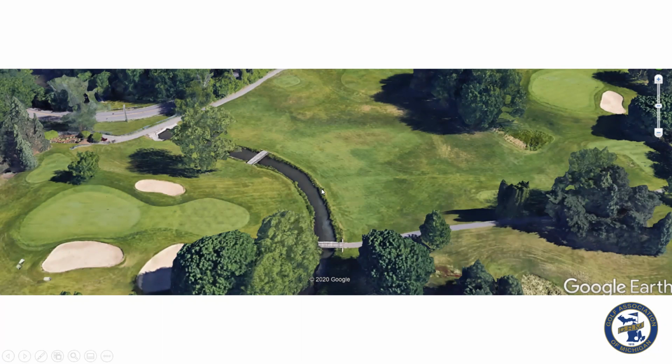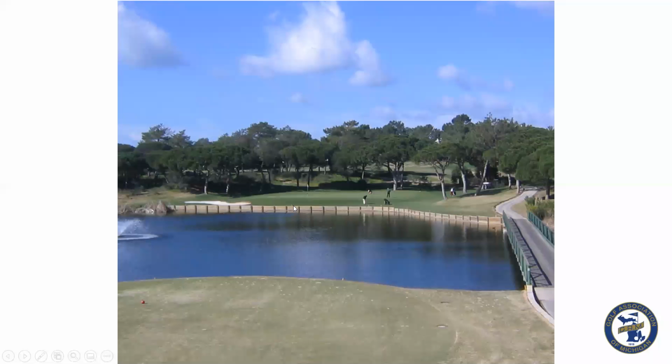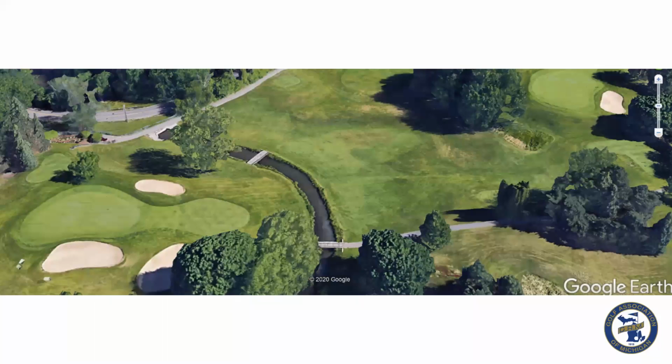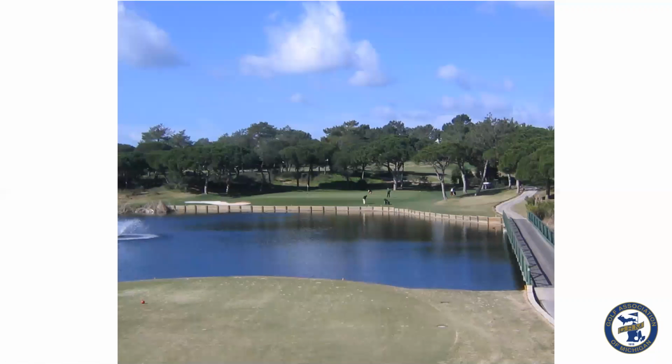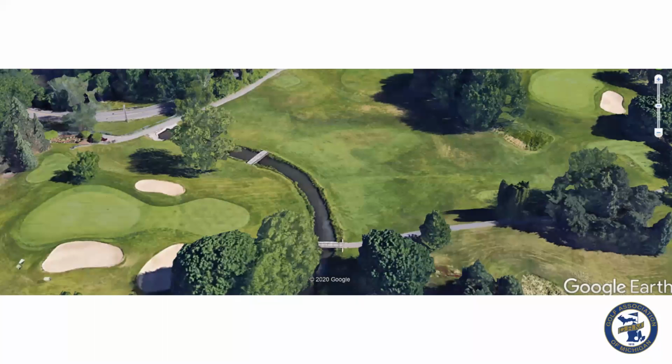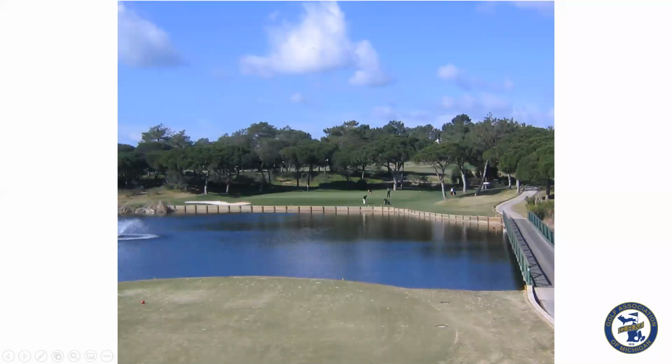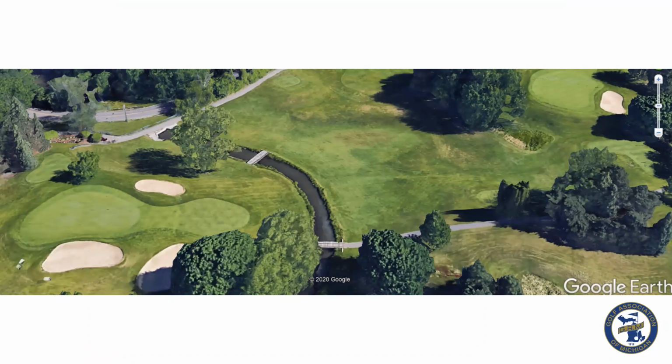But you can't logically tell me this value should be the same as this value, because there is a much higher probability of you hitting in the water on this shot than on that one. So by default, we need to adjust this down, because there are so many other things that could happen, and the water is only a percentage of what it is here, even though the book tells us that at 100 yards this should be the same. If we don't apply that adjustment, these get the same exact value, which is not right.